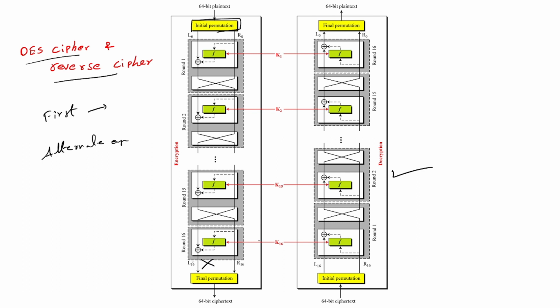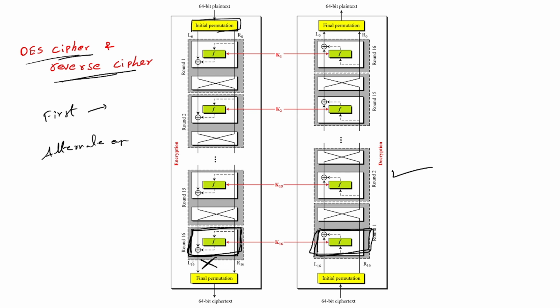Because this makes the cipher and reverse cipher designs the same. In the cipher, the last round contains only the mixer and does not contain the swapper, and in the reverse cipher the first round contains the mixer, so both are at the same level.